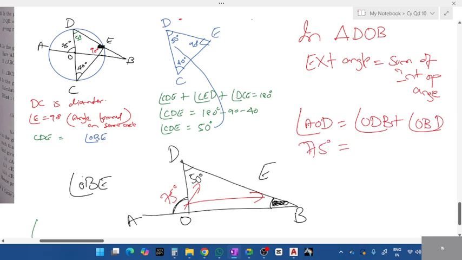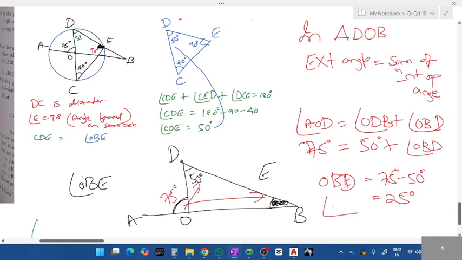What's the value of angle B? OBD, you can write it as OB, students. OB is equal to 25 degrees.